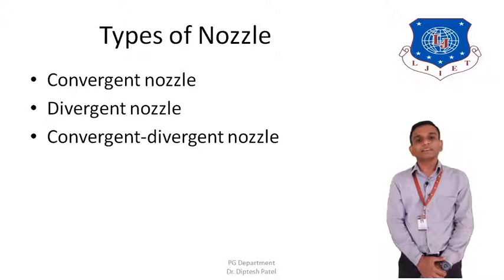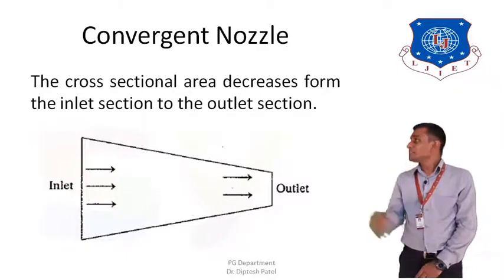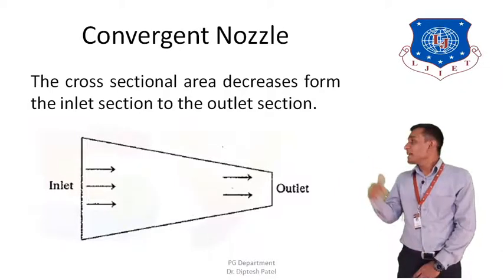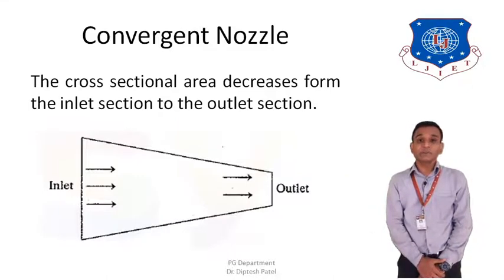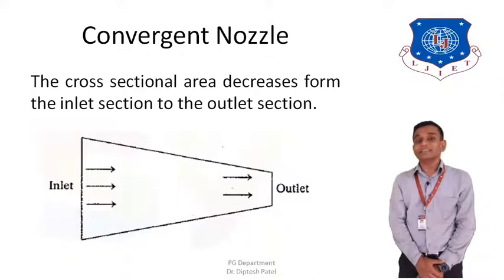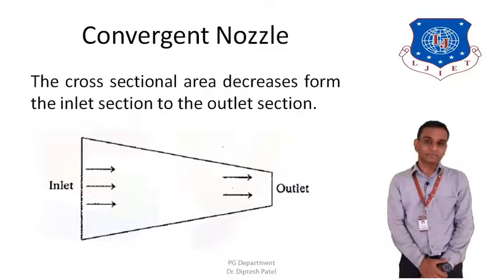The first one is the convergent nozzle. In a convergent nozzle, the cross sectional area from inlet section to the outlet section is continuously or gradually decreasing, meaning the outlet section is smaller than the inlet section.